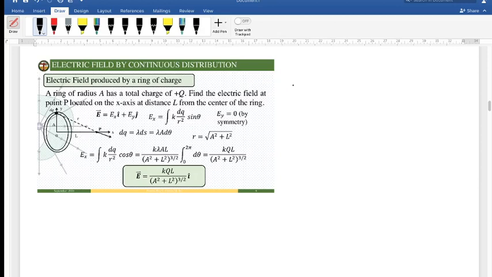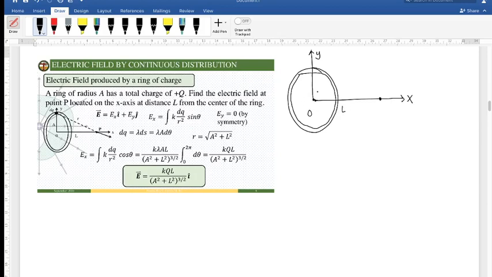So we have here a ring. A ring is actually just a line that is bent around, with no thickness. This is our origin, this is the y-axis, and this is our x-axis. The point P is a distance L from the center of the ring.